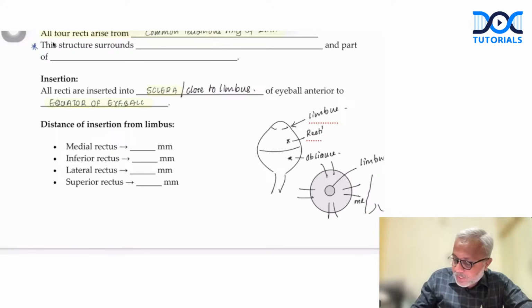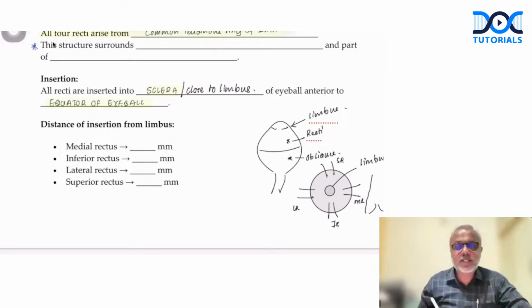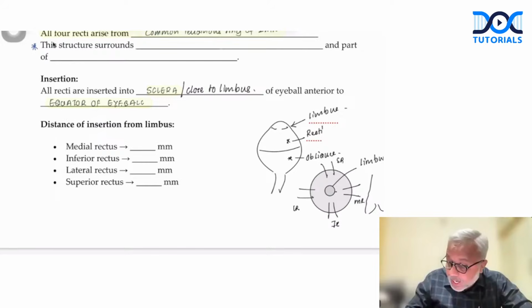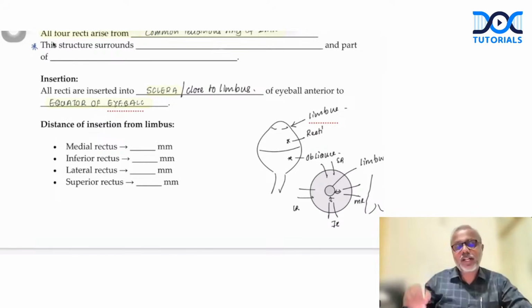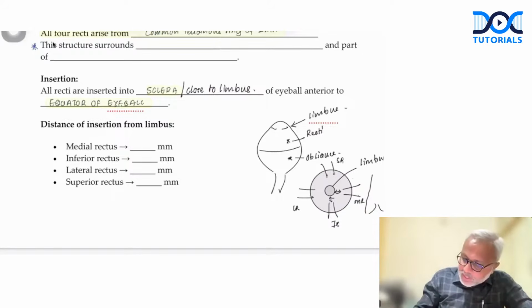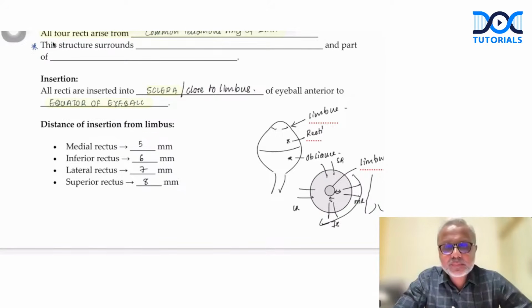These are attached at a clear distance from the limbus. Remember, this is in a clockwise direction: 5 millimeters, 6, 7 and 8 millimeters.